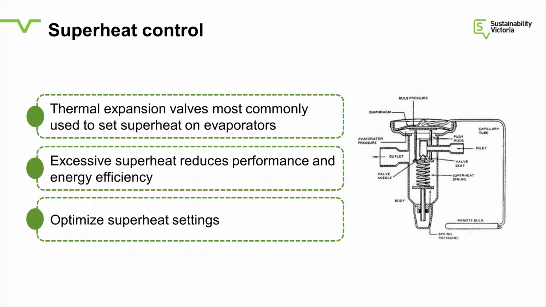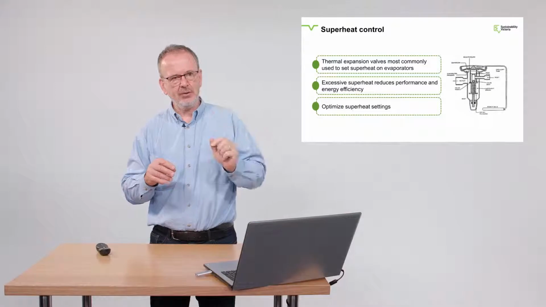So you want to be sure that the refrigerant is fully evaporated inside the coil. And you do that by putting just enough refrigerant into the coil so that by the time it finds its way out the other end, all the liquid is gone. And the expansion valve measures the amount of extra heating that is put onto the refrigerant before it leaves the coil.